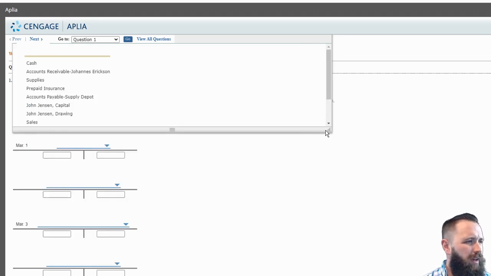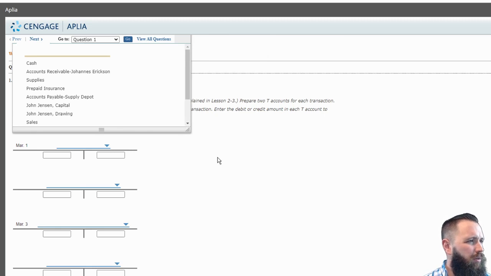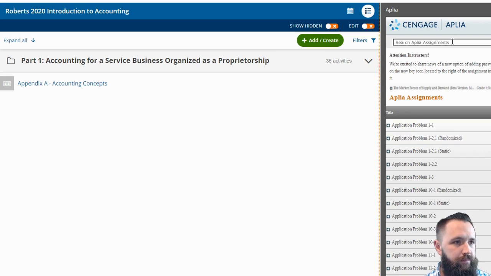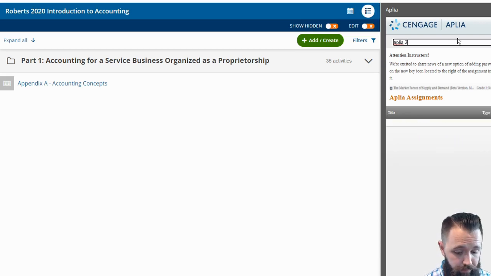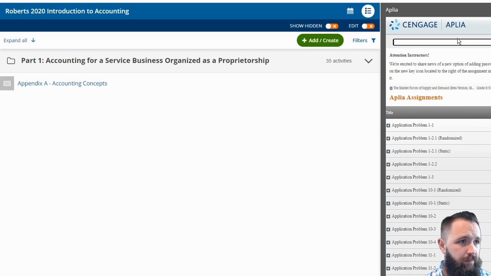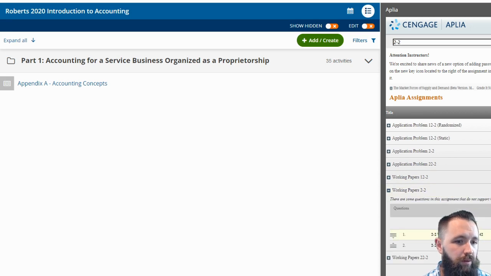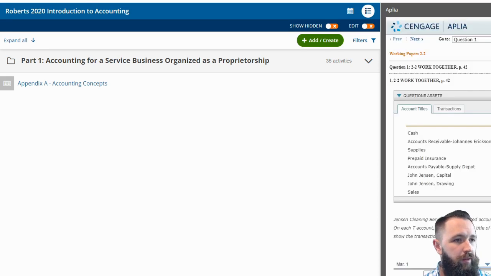I know some of you might have had this before on yours, where it gets stuck to the top. I'm going to have to restart this. Give me one moment. Working Papers 2.2. There we go.